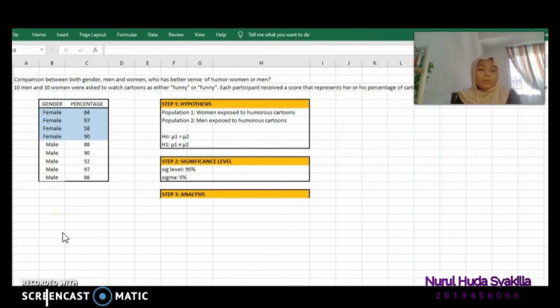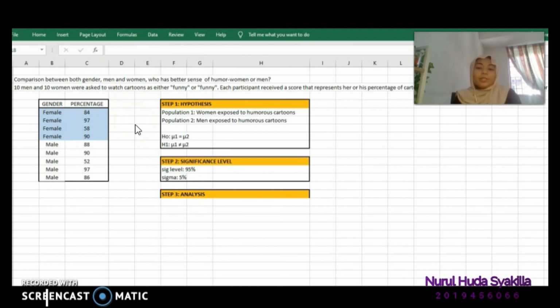So moving on to the two sample t-test or two sample hypothesis test, with the data given of comparison between both genders, male and female: who has a better sense of humor, women or men. So 10 men and 10 women were asked to watch cartoons and rate them as either funny or not funny.